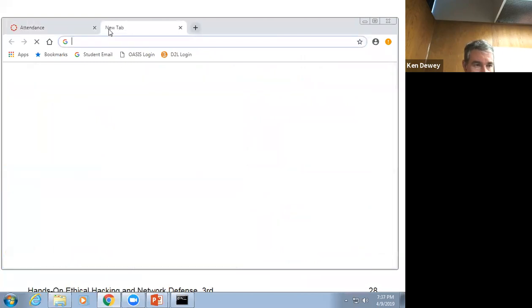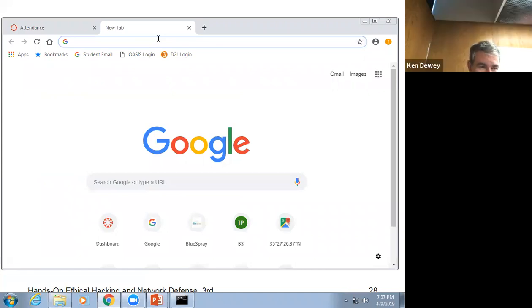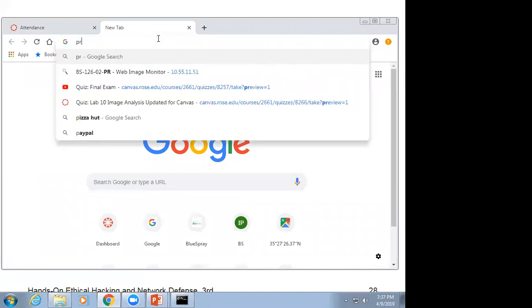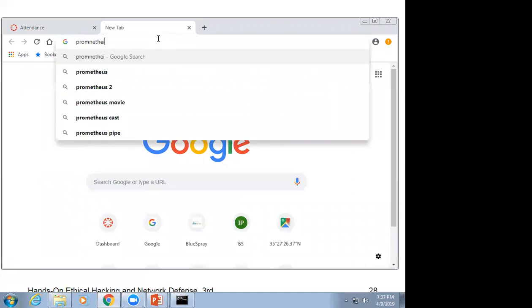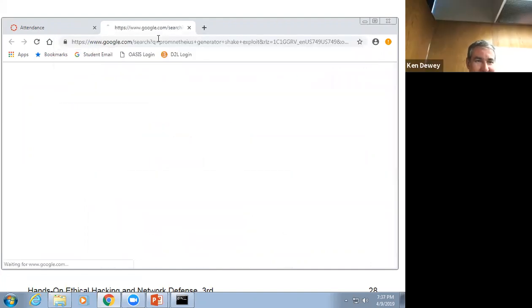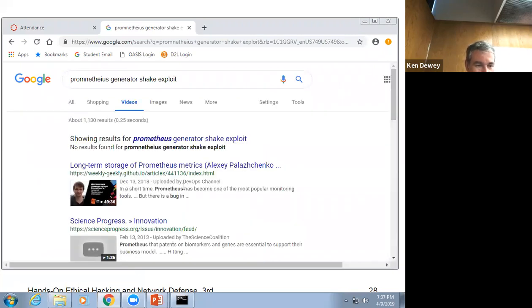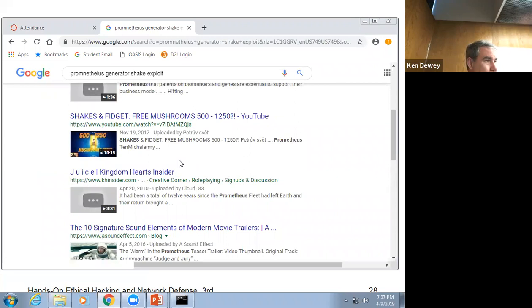Let's see. Was it Prometheus or something where they were shaking the generator? Yes, exactly. I can't remember the name of it. It was something where Congress said it's not vulnerable, and they actually did it live and remotely made a generator go crazy.